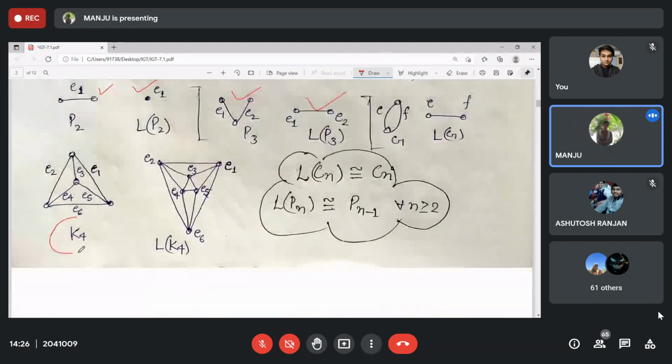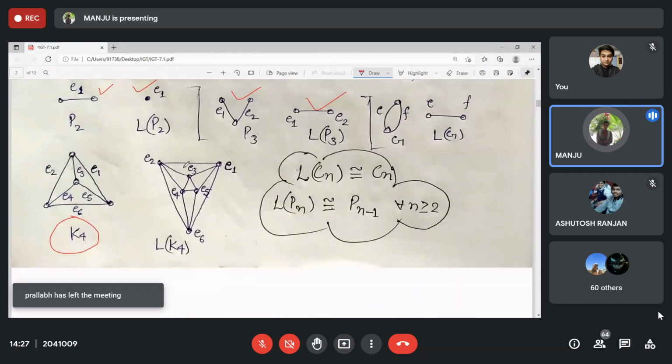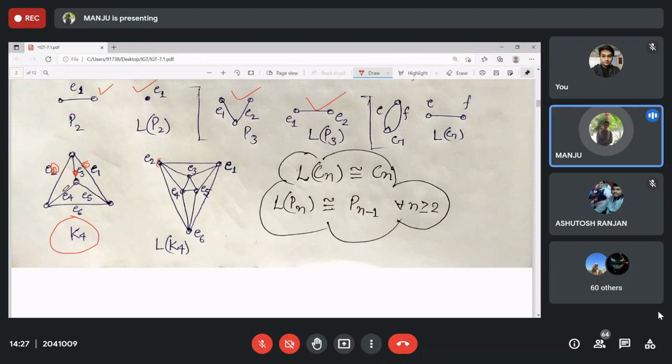K4. For K4 we have 6 edges. So correspondingly there will be 6 vertices in the line graph of K4. Okay. So this is E1, E2, E3, E4, E5, E6.